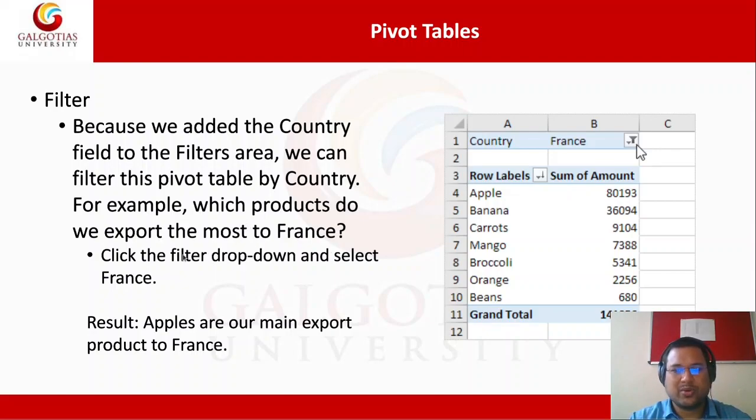Open the filter drop down and select France. If you select France, automatically you will get the results. By looking at the results, you can say that apple is the product that we export to France the most, right? So apples are our main export product to France.